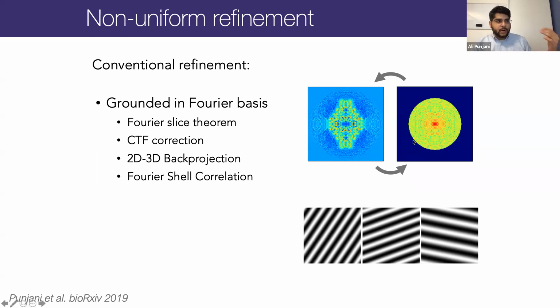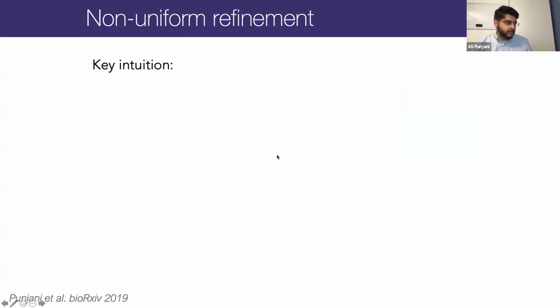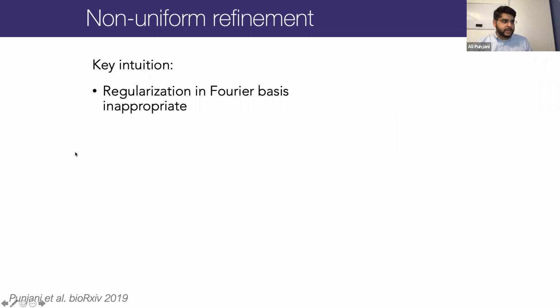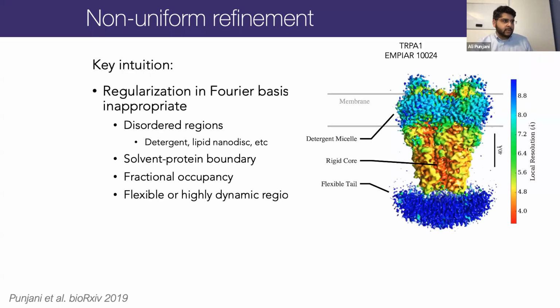So when you do operations in Fourier space, like regularization, they are almost always going to be spatially uniform operations. Simple operations in Fourier space are spatially uniform operations in real space. And that's actually the whole problem that we're trying to get around. The key intuition in non-uniform refinement is that regularization in the Fourier space basis just doesn't make too much sense when you have a real life molecule that has lots of problems.